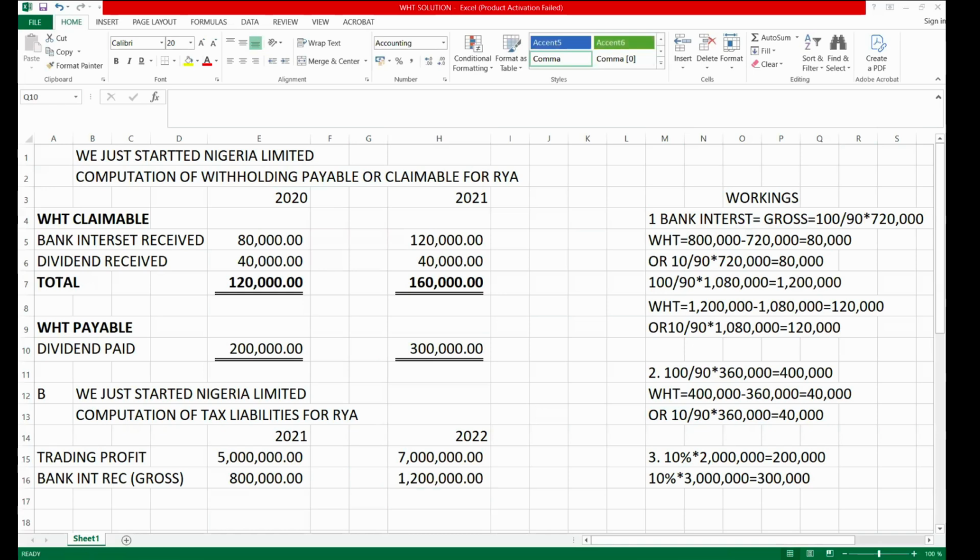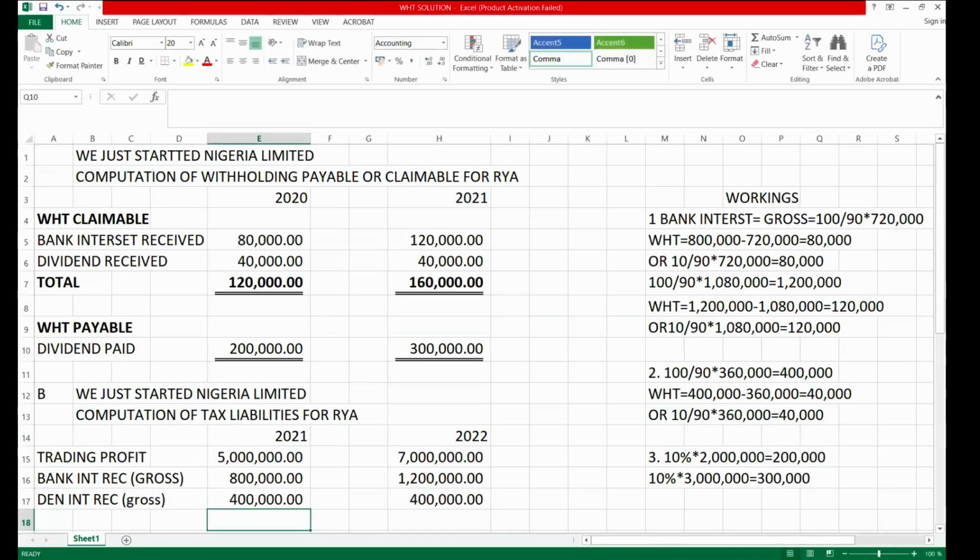After the bank interest received, we have debenture interest received. That was given to us gross. So the gross amount is 400,000.